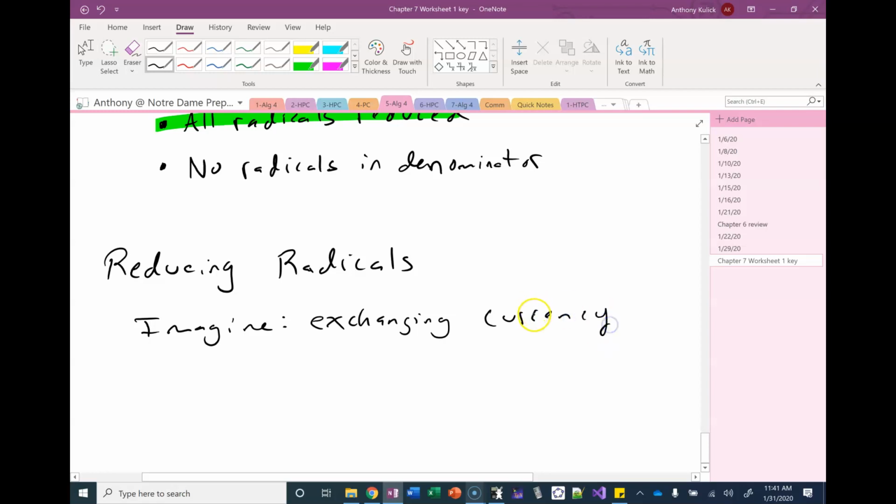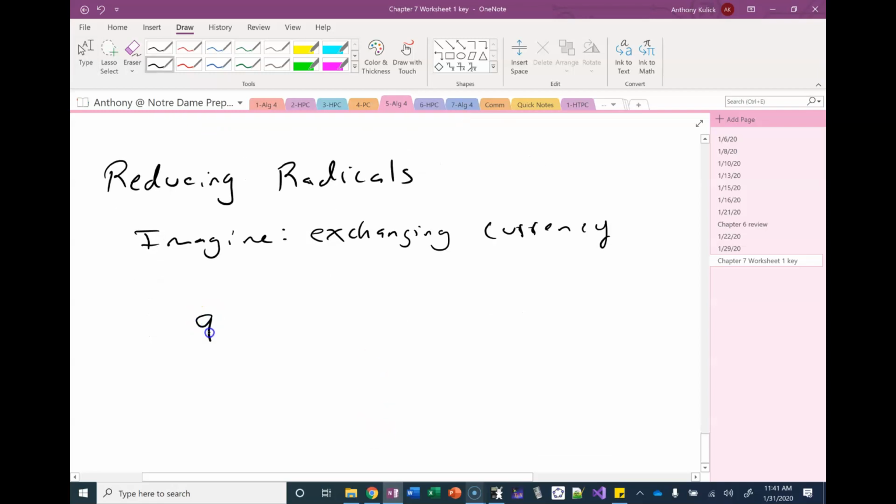So what I want to talk about is exchanging currency. Let's say that we have 9 quarters, and we go to the bank and we trade those quarters in for larger denominations. What am I going to leave the bank with?